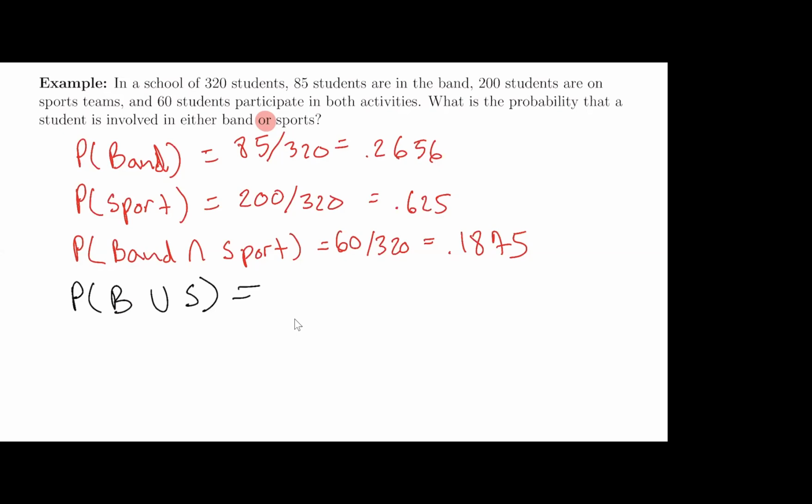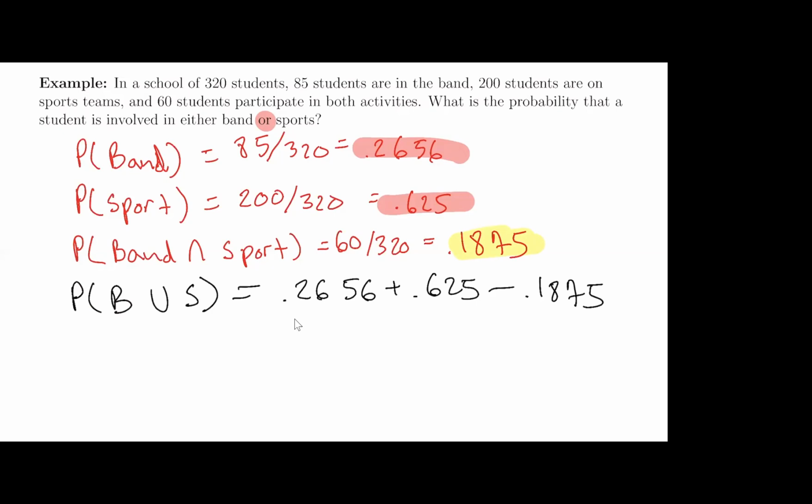So all we have to do is add these two values and then subtract this value over here: 0.2656 plus 0.625 subtracted by 0.1875.